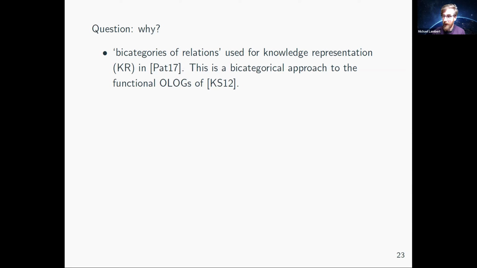Reference was made to Carboni and Walters' paper, and I realized I'd never read it. I'd talked to Eva plenty of times about her work, and I sort of hazily grasped some of it. She was always talking about how wonderful this paper by Carboni and Walters was. So I finally got around to reading it, and I thought, well, heck, there's got to be some version for double categories, right?